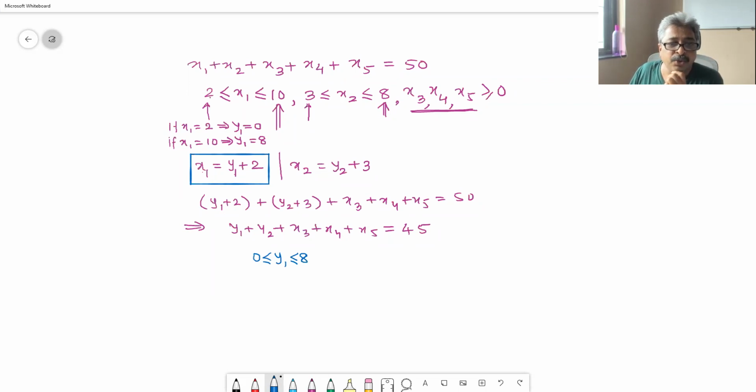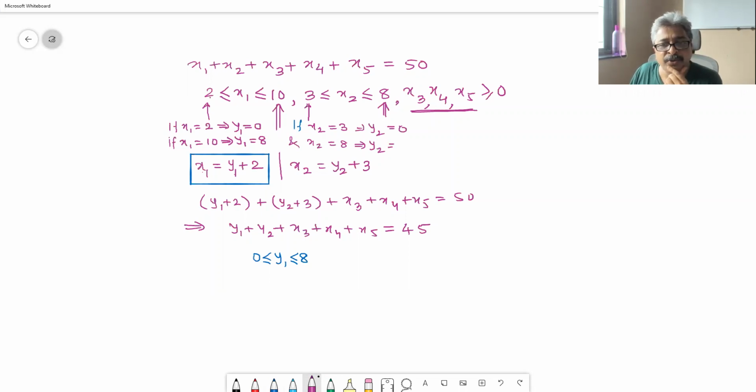Similarly, x2, if x2 is equal to 3 implies y2 is equal to 0. And if x2 is equal to 8, implies y2 is equal to how much?